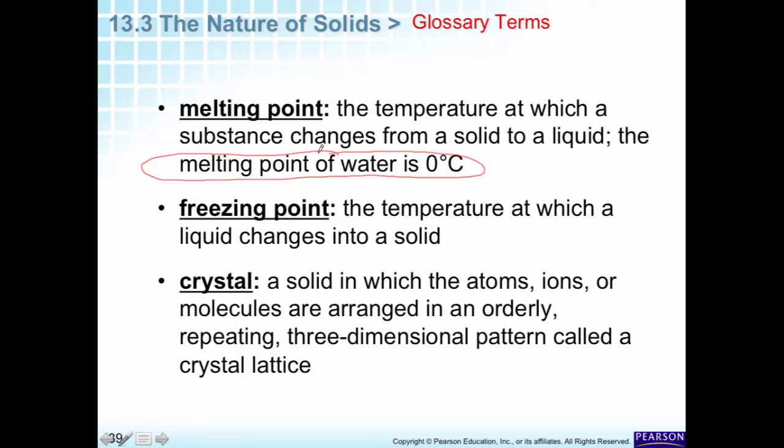Mr. Palladino, what is the melting point of water in Kelvin? 273 Kelvin. Then what is that in Fahrenheit? Negative 273 degrees Celsius is 0 Kelvin, right?